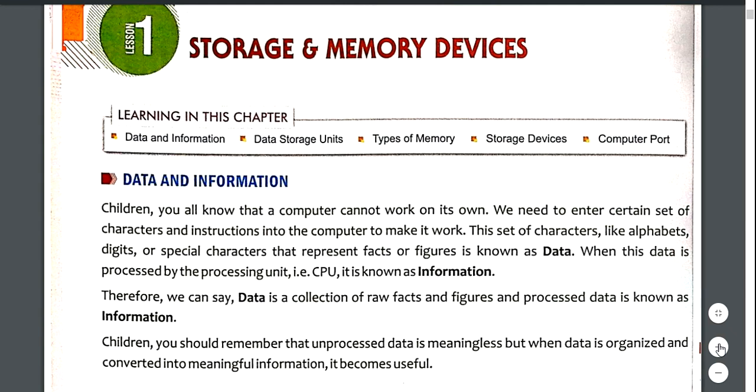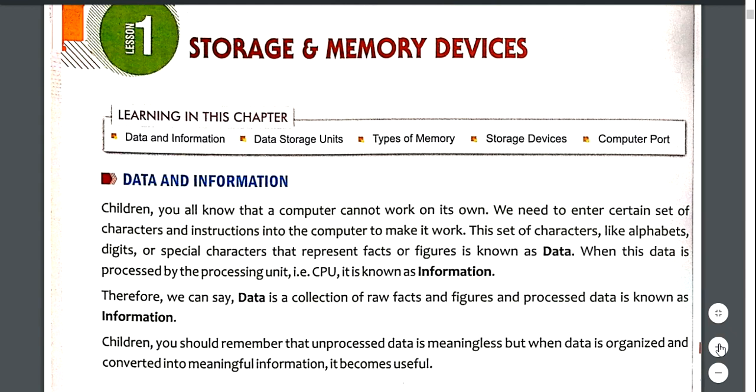So data can be any number like 0 to 9, any alphabet, A to Z, any special character like hash tag, at the rate, dollar sign, percentage, so many are there. All these are data.